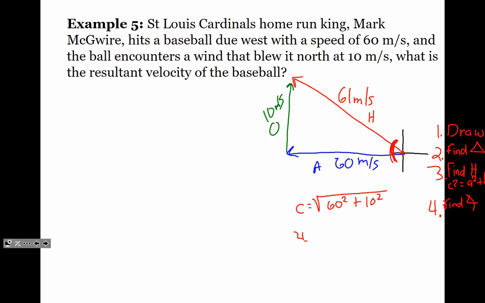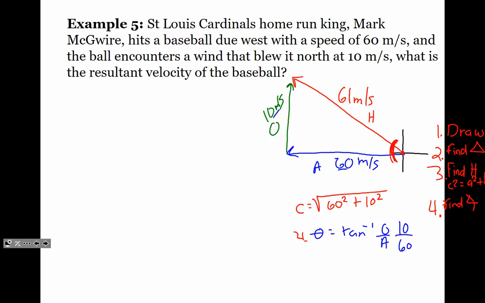Okay, so I can see that I've already been given this one and this one, so I want to use the formula that has A and O as a relationship, which is the inverse of tangent, opposite over adjacent. So opposite is 10 divided by 60. Put that in your calculator.